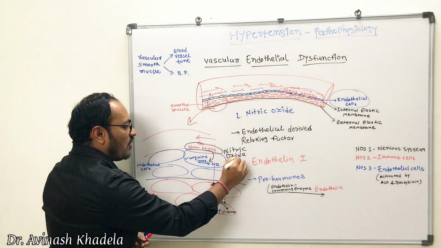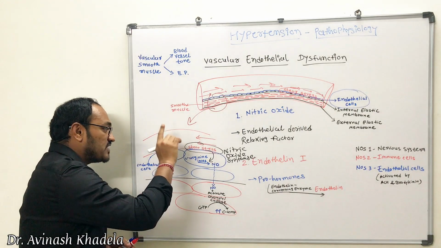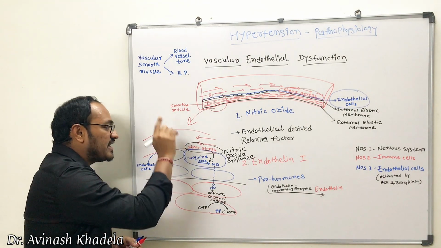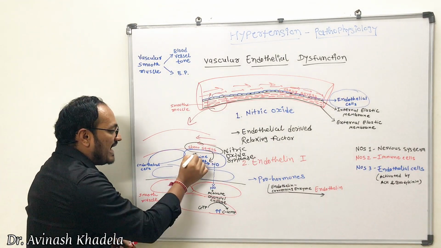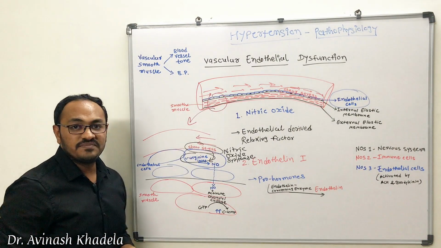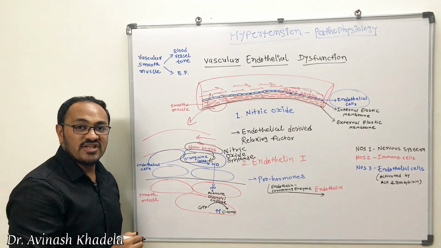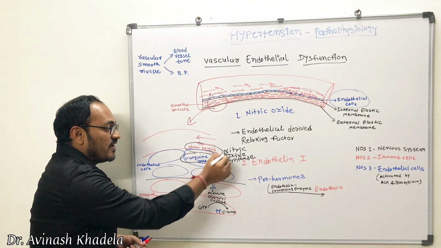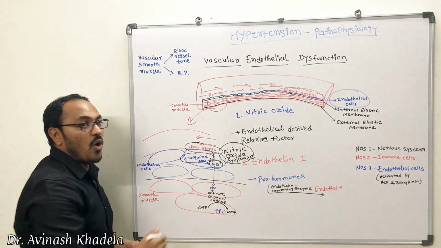This nitric oxide synthase, released in response to the shear stress generated inside the lumen of the artery, will convert L-arginine, which is already present inside the endothelial cell and smooth muscle. This L-arginine will be converted with the help of nitric oxide synthase to nitric oxide.